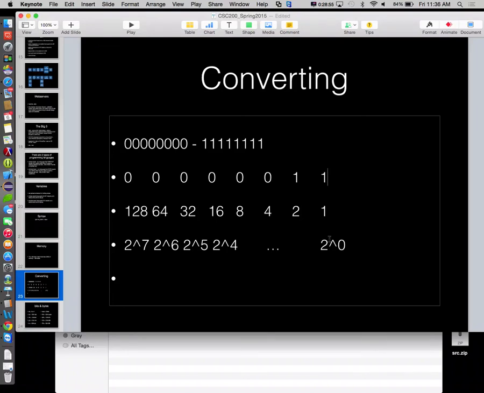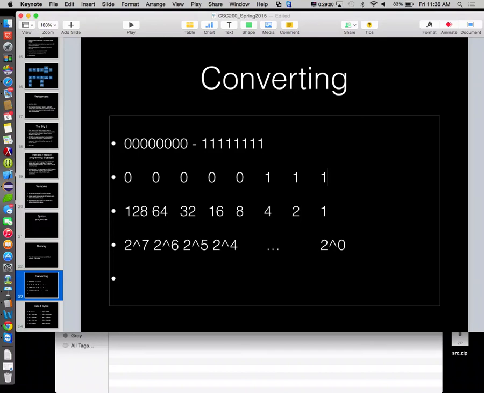That gets us a 3. That's a 4. That's a 5. That's a 6. That's a 7. Make sense how that works?